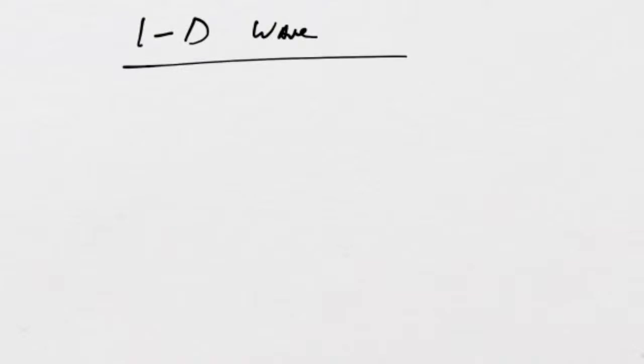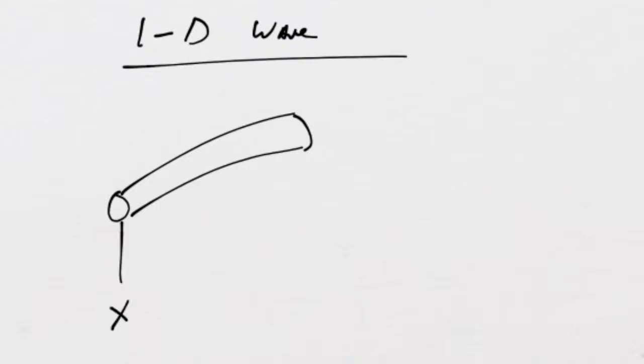So a rough plan here is on the board I'm going to sketch out a little piece of string. I'm going to establish that one side of the string is located at x, the other side is located at x plus delta x.